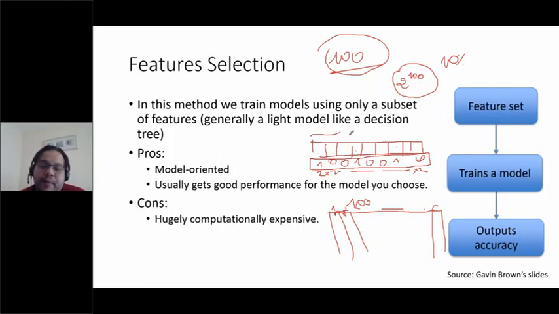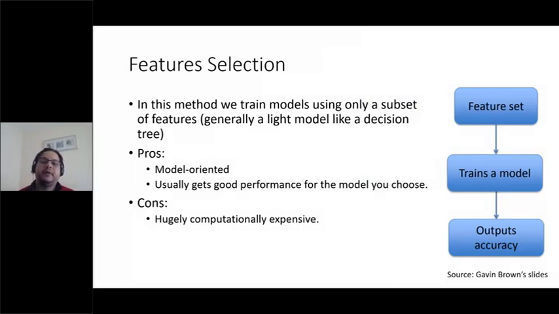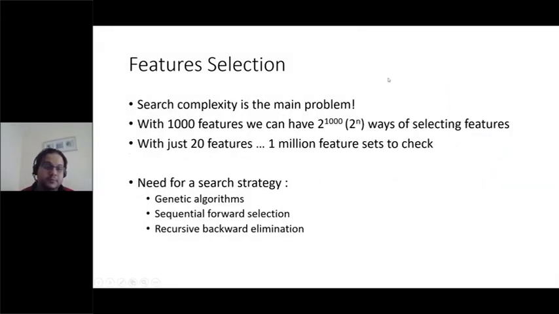There is one problem. I will talk about it later after this method. So the search complexity is the main problem. With 1,000 features, we can end up with this number. So we need a search strategy like genetic algorithms, sequential forward selection. These algorithms are searching algorithms with heuristics.